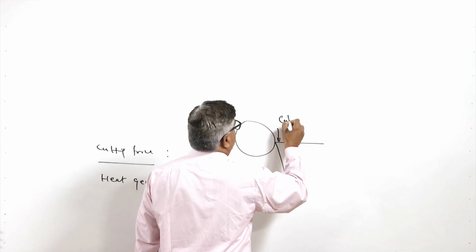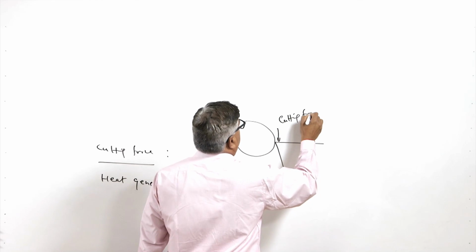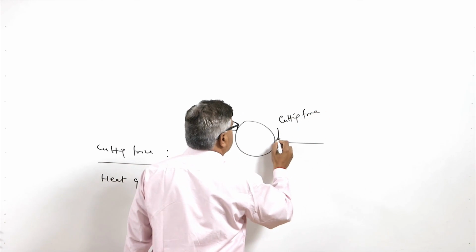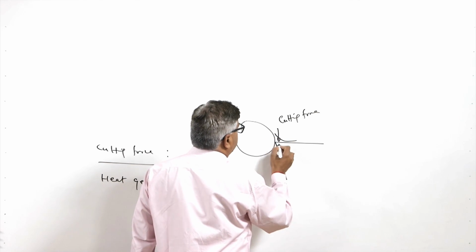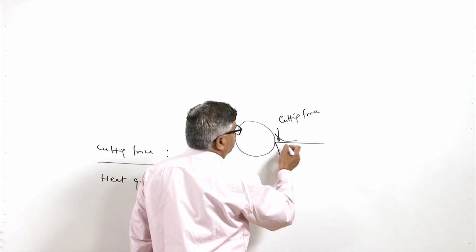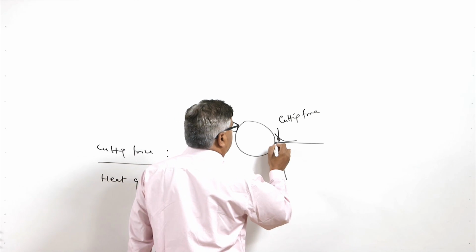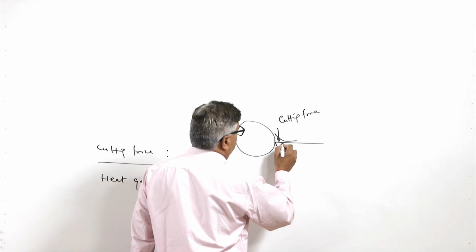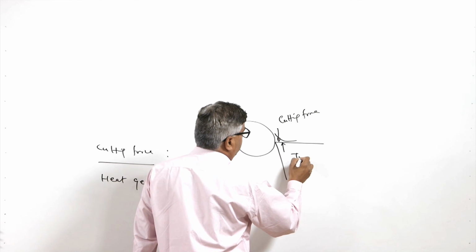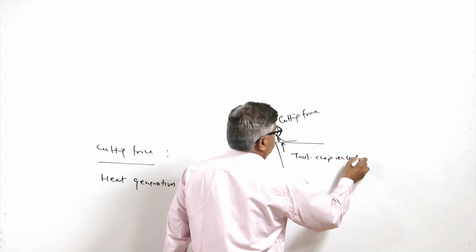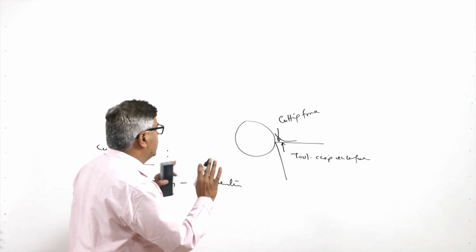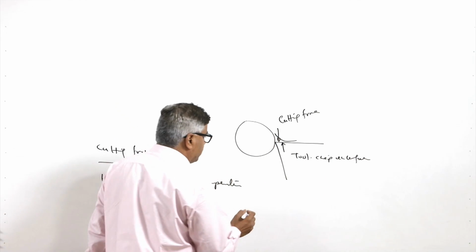The cutting force acts in the downward direction, and heat is generated due to the flow of chips over the rake face, and the heat generation leads to the rise in temperature of the tool-chip interface. Basically, these are the two conditions which are normally generated during machining.